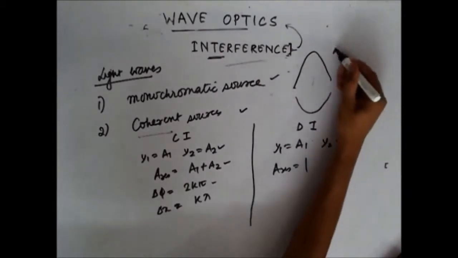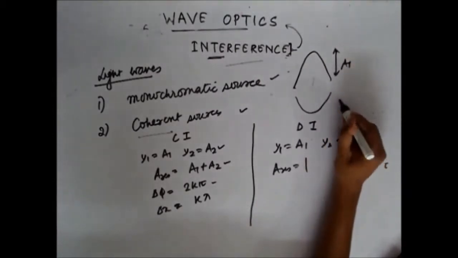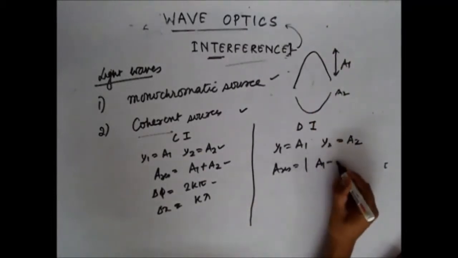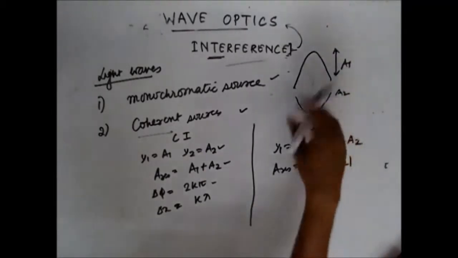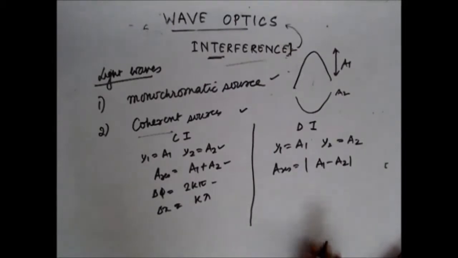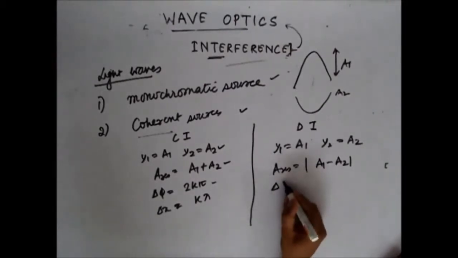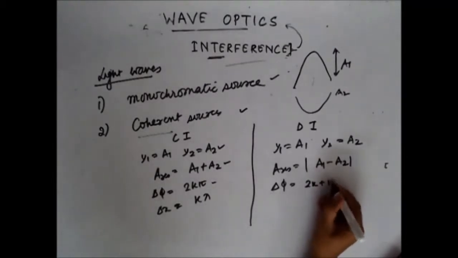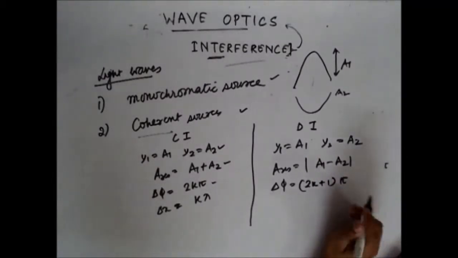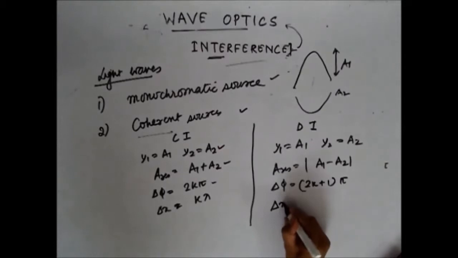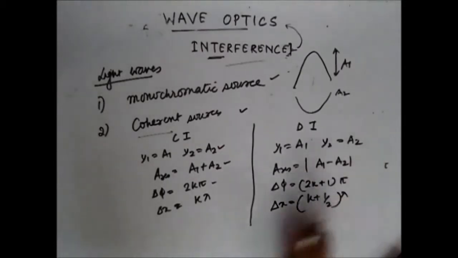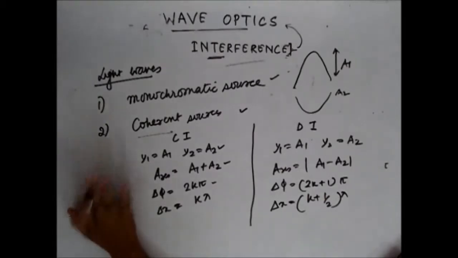The maximum resultant will always be a1 minus a2, because they are cancelling the effect of each other. Now when destructive interference occurs, the phase difference is 2k plus 1 times pi, and the path difference is k plus half times lambda. So these are the general things which we observe in case of interference.